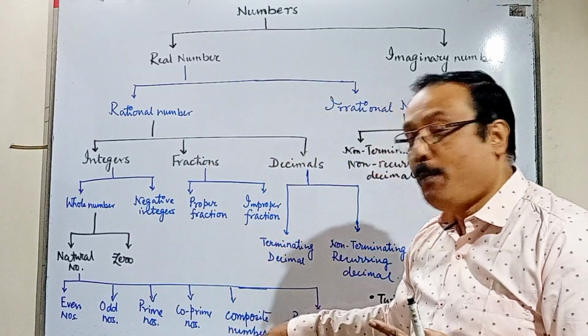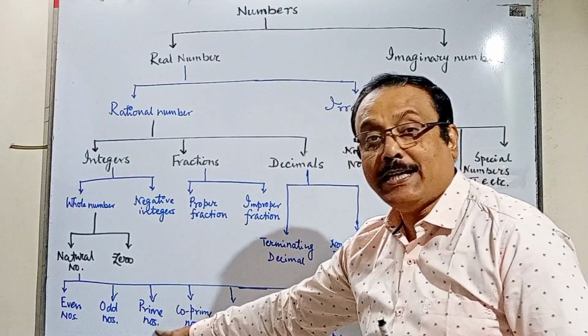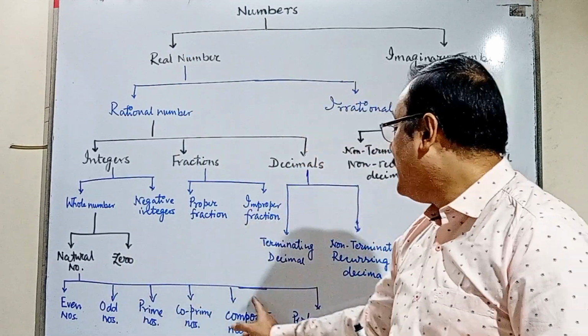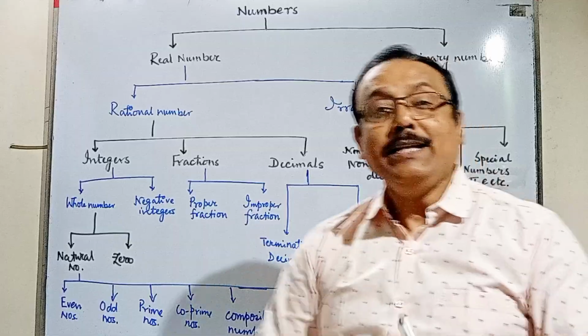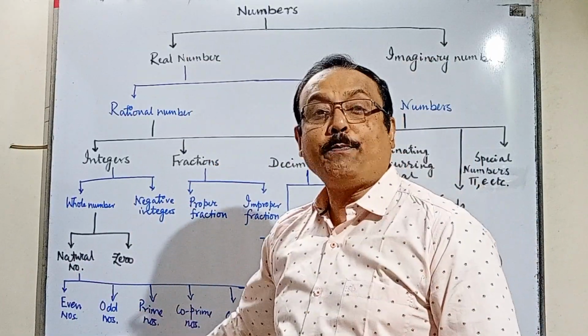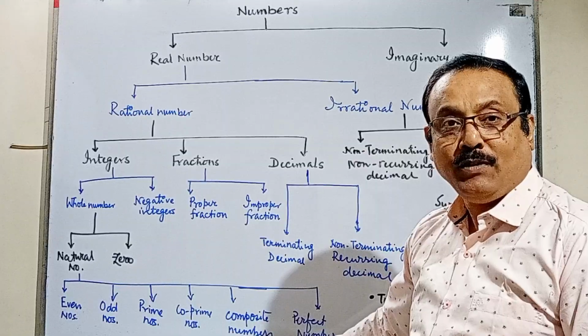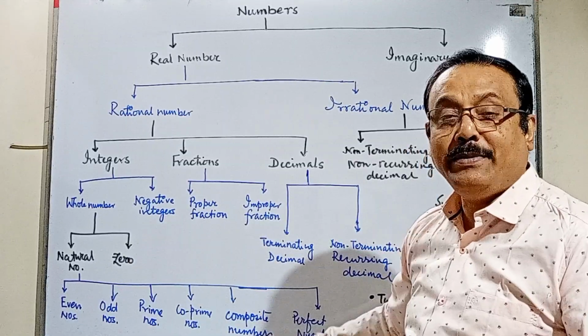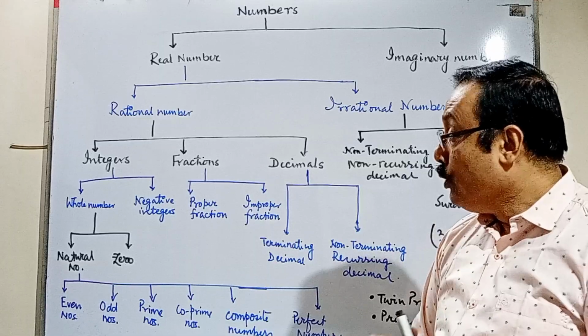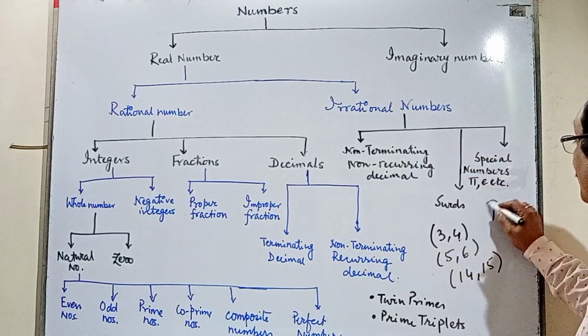But in the case of a composite number, apart from this condition, they must have at least one more factor. Then that number will be said to be composite. So generally we say the numbers which are not prime are composite. All leftover numbers apart from the prime numbers in the number system are composite numbers. To be noted, it's 1.